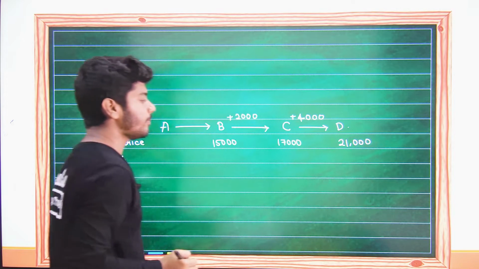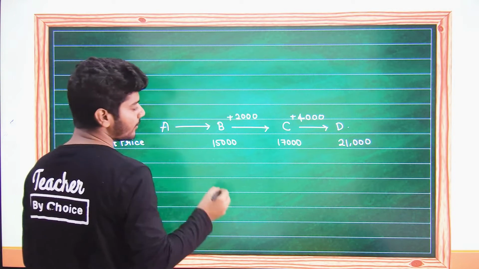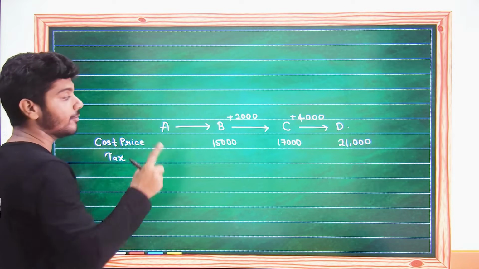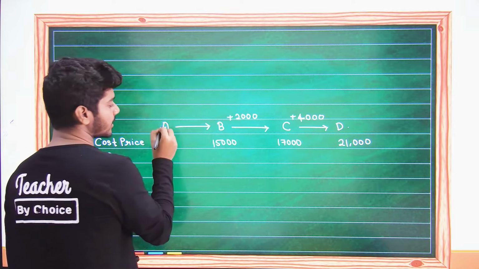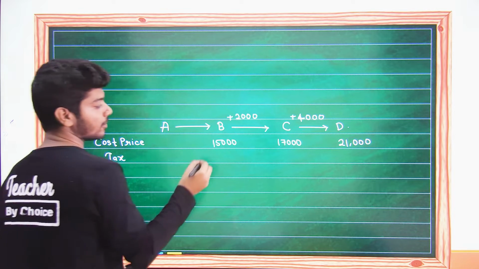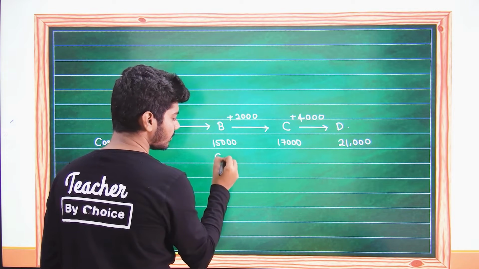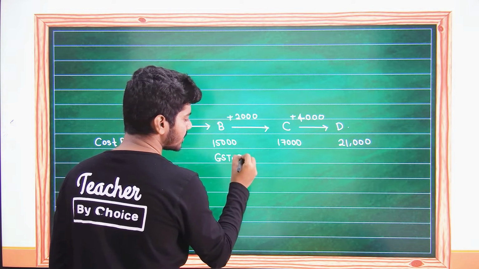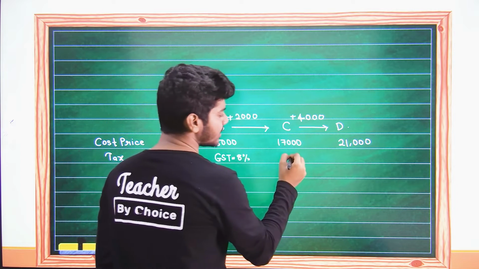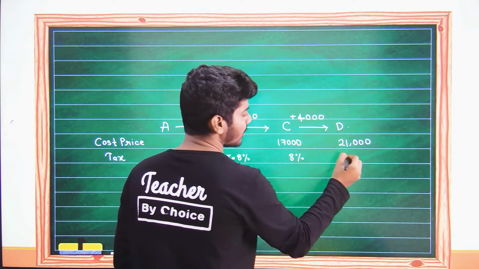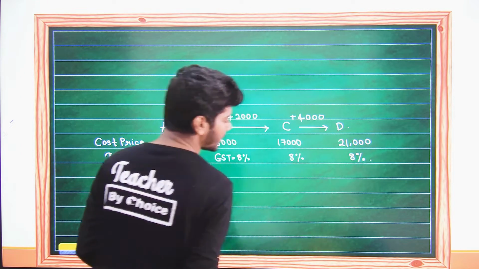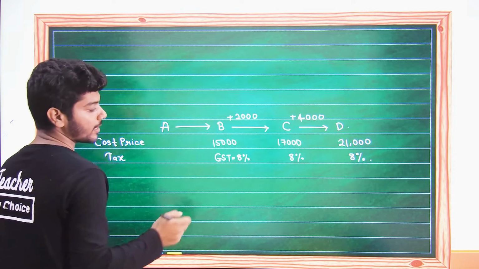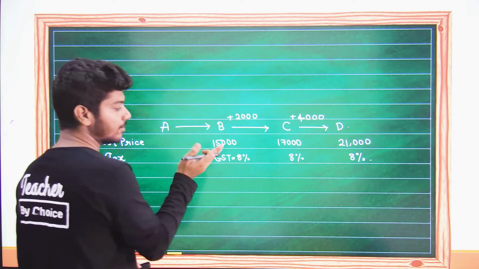Now tax. For tax, for A to B, you have to see whether the transaction is happening within the state or outside the state. If it is within the state, your GST will be, suppose, 8%. In every case it is 8%, but it depends on the location whether it would be IGST or simple GST.